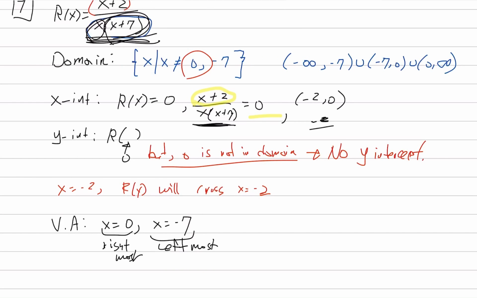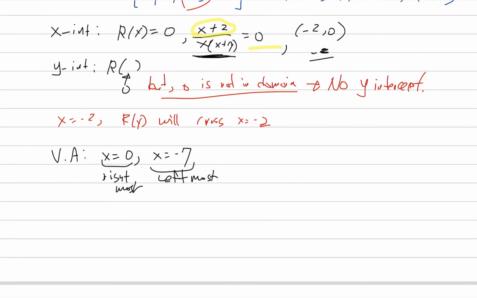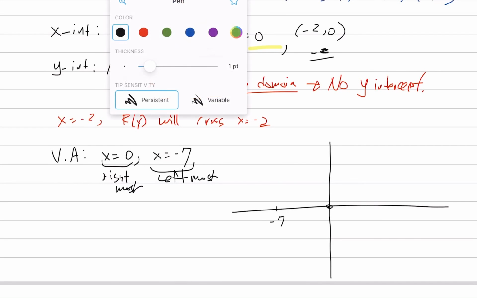Okay, now the next part is asking, let me make sure. Okay, determine the behavior of the graph on either side of any vertical asymptotes, if one exists. Select the correct choice below, right, and fill in the blank. So here is x equals 0, and negative 7. Let me use different colors.